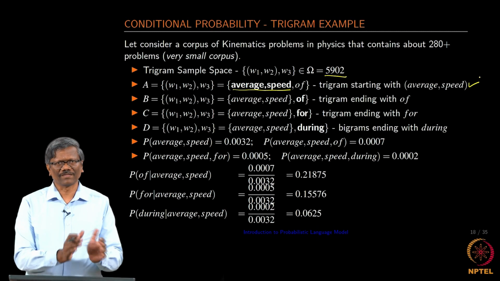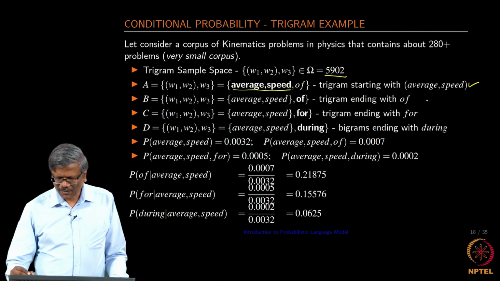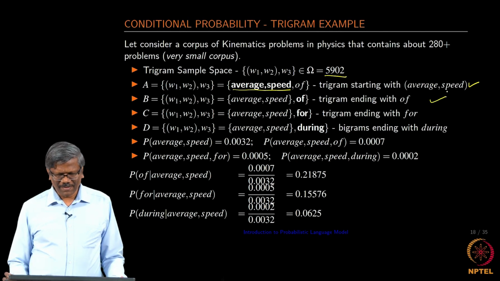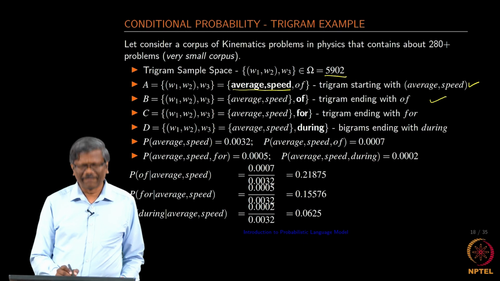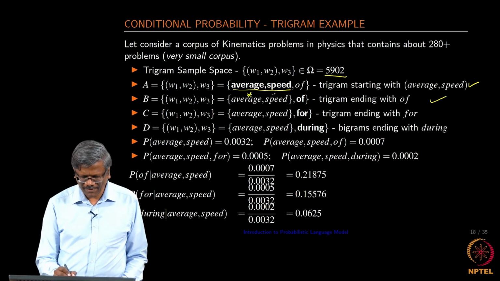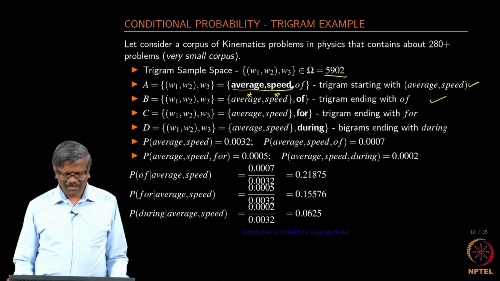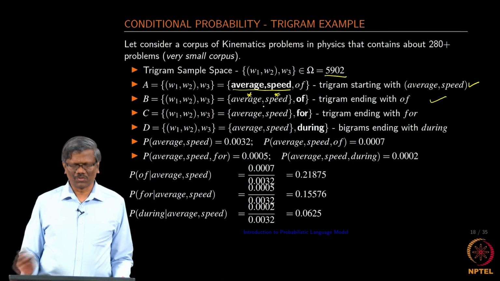I am restricting my size here. Okay. And then I am going to find all the trigrams ending with off. So, it is not going to be just average and speed, it is going to contain any other word here, right. Just to show some idea, I have just used those two words again.